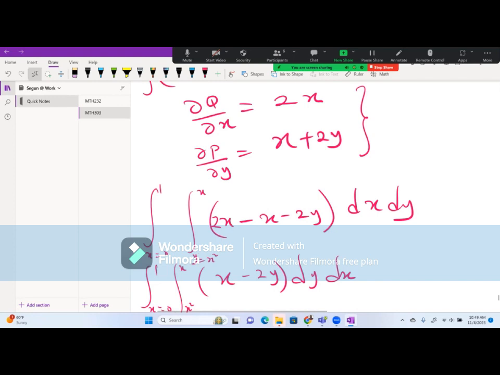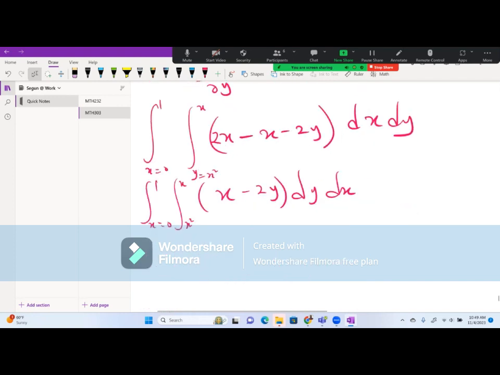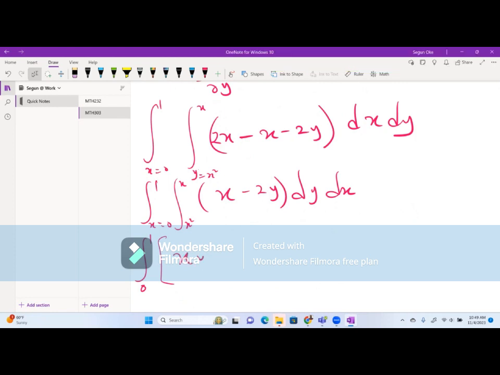So I can go ahead and integrate this one. If I integrate this one, what do I have? With respect to y, I will have xy minus 2y squared over 2, from x squared to x, dx now.